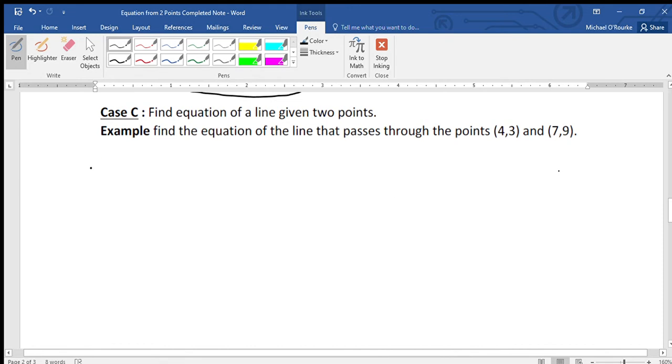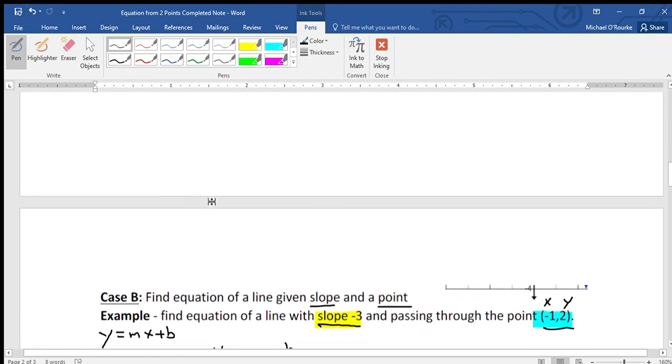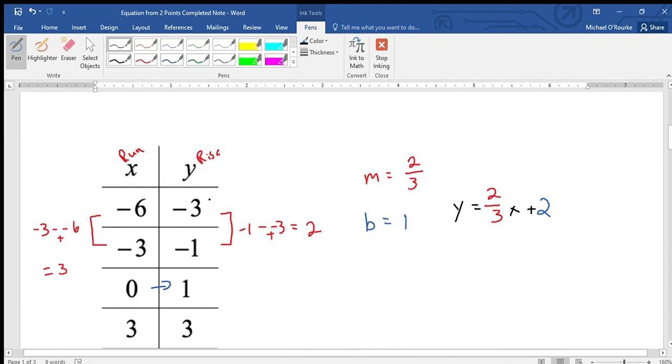Our change is going to be equal to y2 minus y1 over x2 minus x1. Now, this may seem confusing, but we've already done this. If we take a look up here, we've already essentially done this.